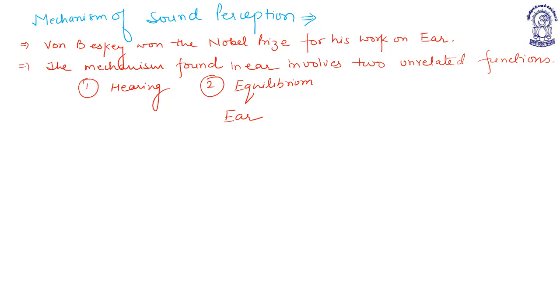The human ear mainly consists of the utriculus plus sacculus, which help in static balance.